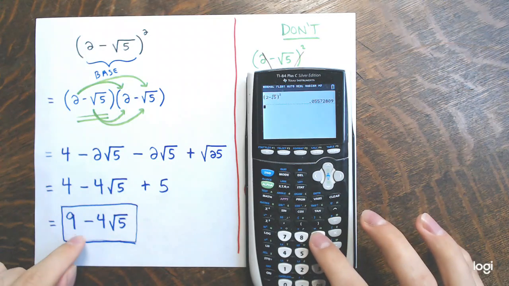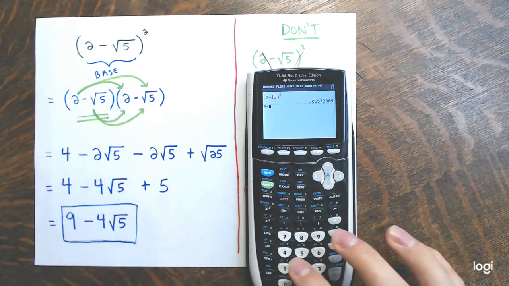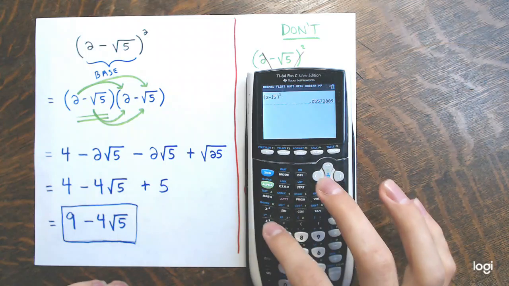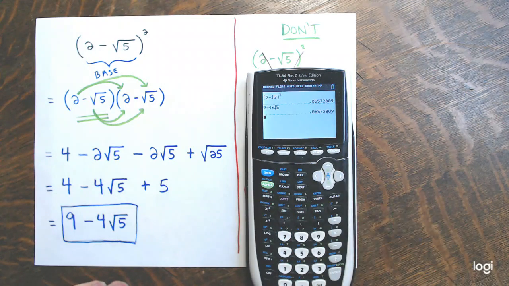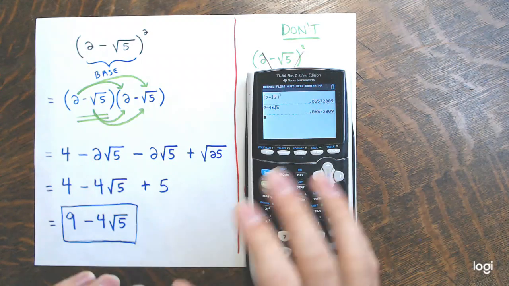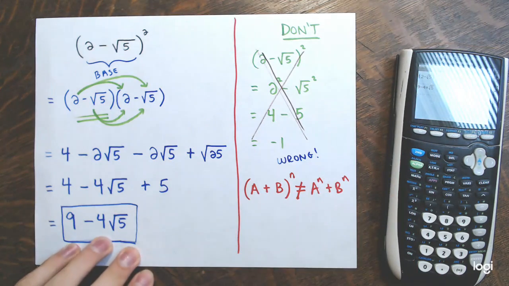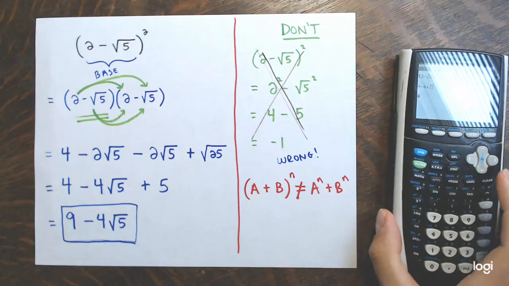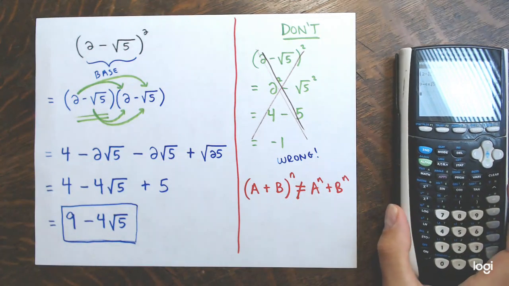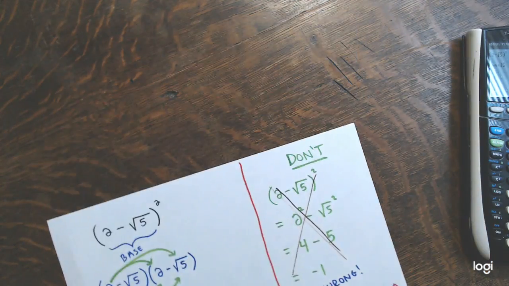So that's 9 minus 4 times the square root of 5. And look at that. They are indeed the same number. All right. So not negative 1. Don't distribute powers, please. It's a big pet peeve of mine. I really hate it when people do it.